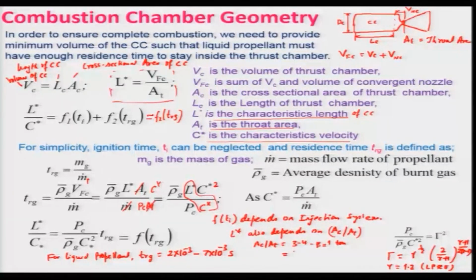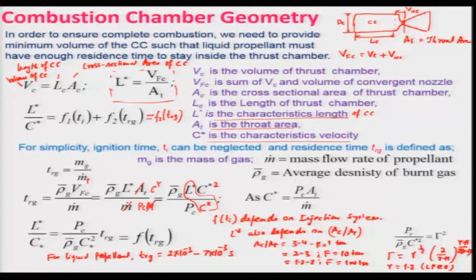It is 2 to 3 when F is 10 ton, and when F is 100 ton, it is something like 1.2 to 2.